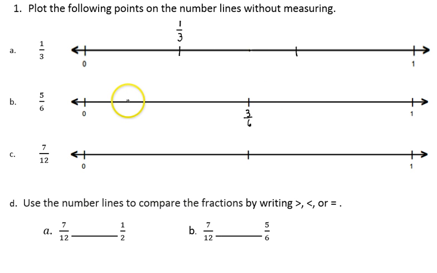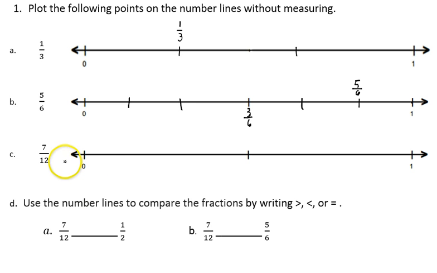So again, I'm going to do a little estimating and divide each of these sections into 3 pieces. So pretty close. So there's my 6, and then 5/6 would be at this point here, because the whole would be 6/6. So 5/6 would be one less than the whole.